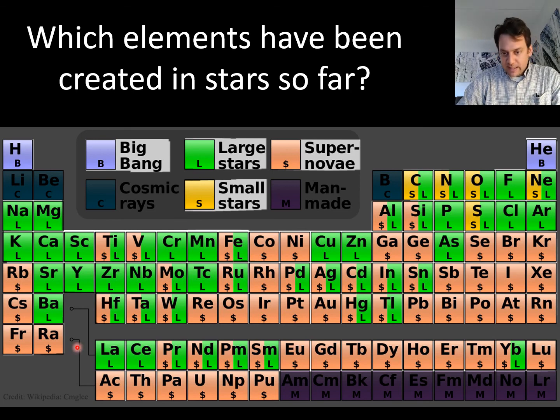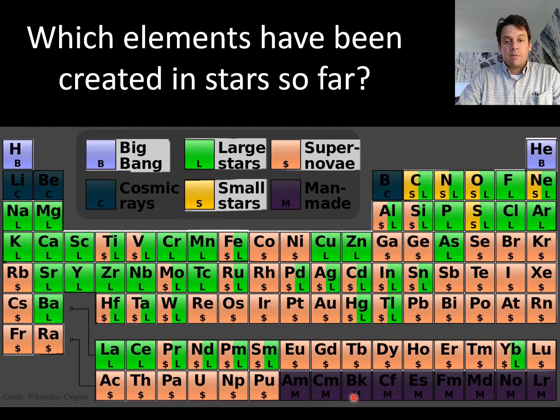You can see if you look down at the lower right, there are some things down here past plutonium that are artificial, that we have not observed. So these are man-made elements that we have not observed in measurable quantities coming from nature. In all likelihood, you can almost guarantee they're produced in some small quantities from supernovae, but we just can't measure them.